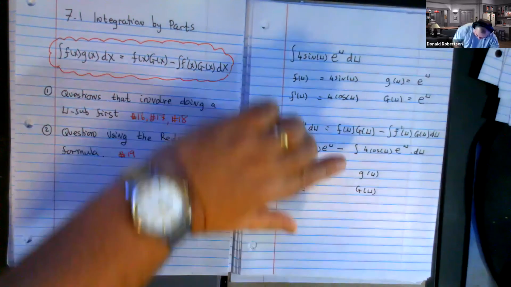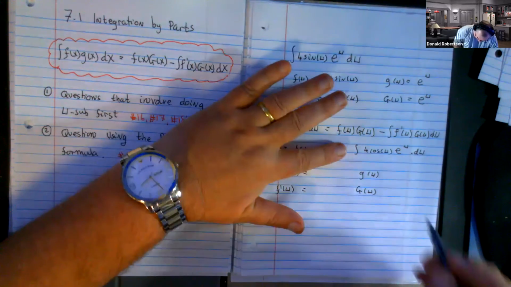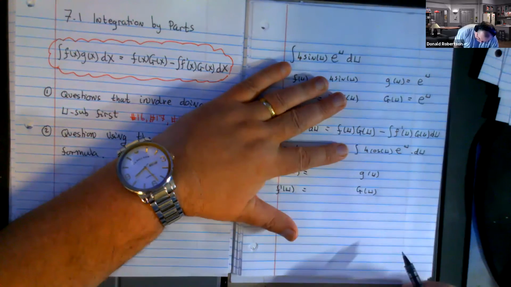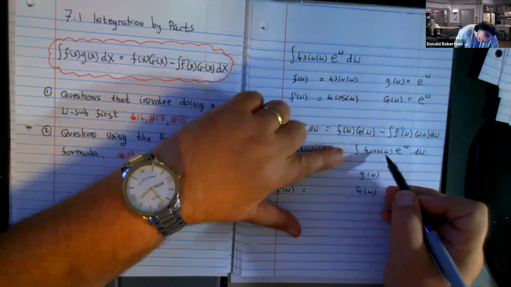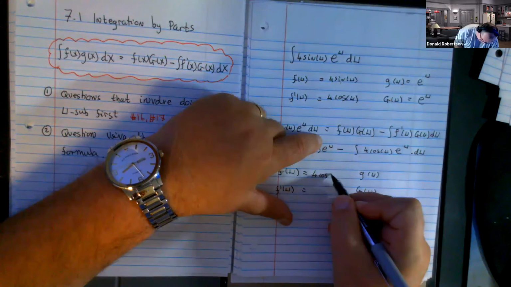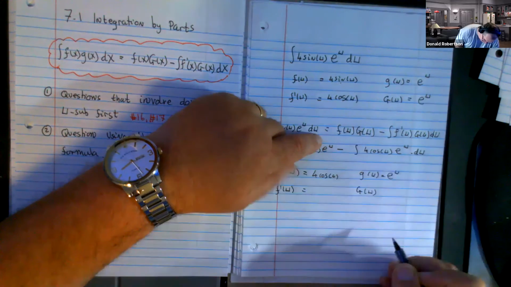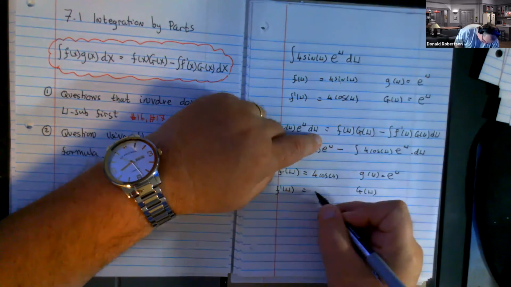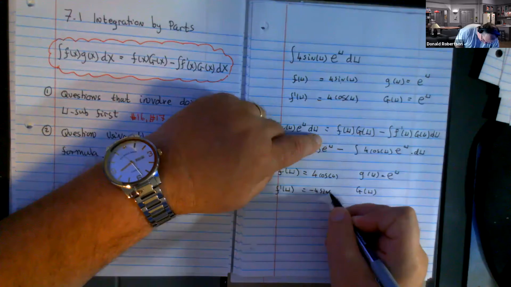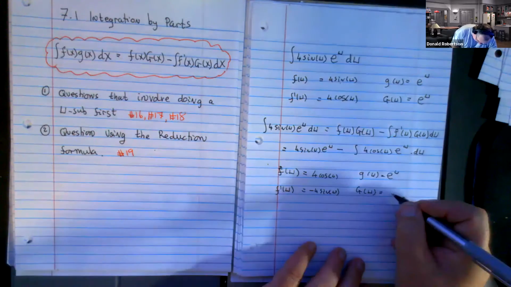This bit's okay. It's already going to be whatever it's going to be. This piece here, keep to the consistency. So trig guy goes here. So it's going to be your f of u. And in this case, the exponential is going to be your g of u. So you differentiate this guy, you get -4 sine u. And you integrate this guy, and you get e to the u.